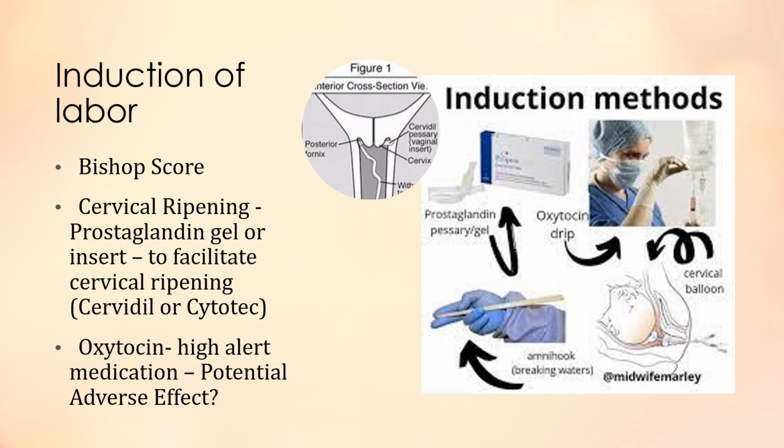And if the Bishop score is low and we're inducing, then we're going to use cervical ripening first, because if her Bishop score is low, it's because her cervix is not showing that it is ready, because it's usually thick and undilated. So cervical ripening agents, there are a few different kinds, but they all contain prostaglandins.